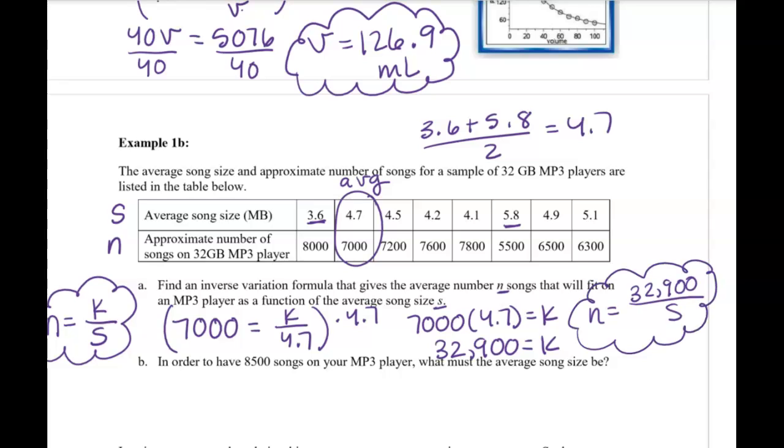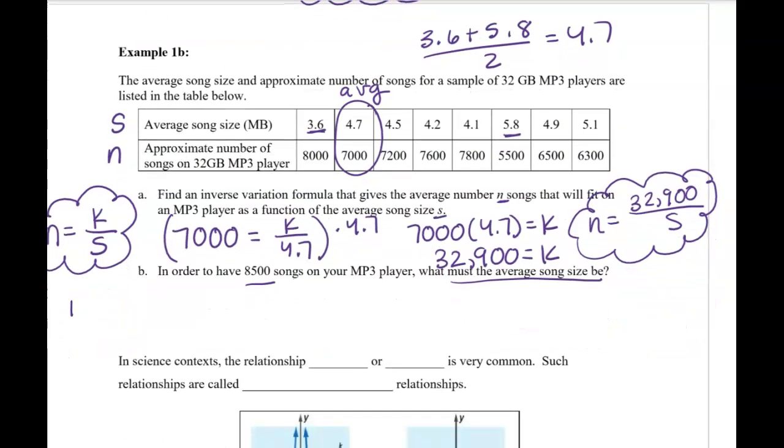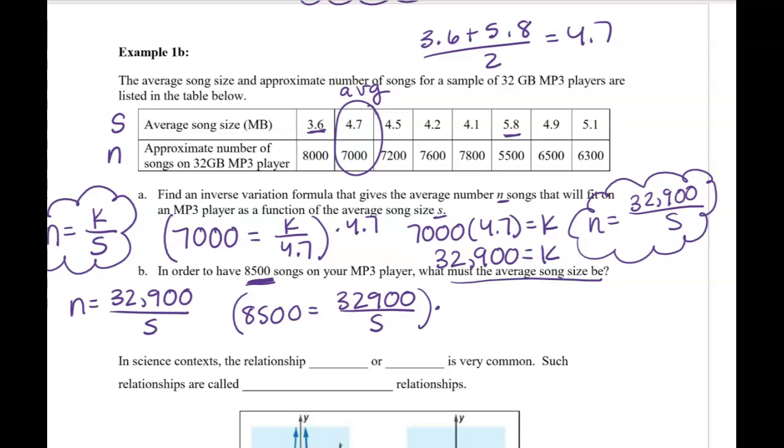And so in order to have 8,500 songs on your MP3 player, what must the average song size be? So we use our formula, N equals 32,900 over S. So then N, our number of songs, is 8,500, which must be 32,900 over S. Multiply by S on both sides. 8,500 S is going to be 32,900.